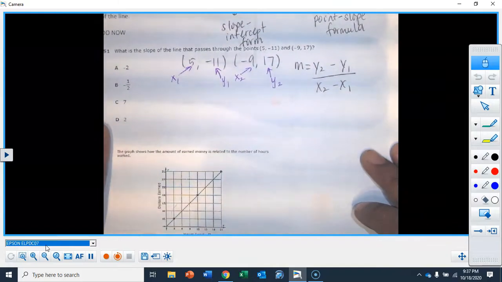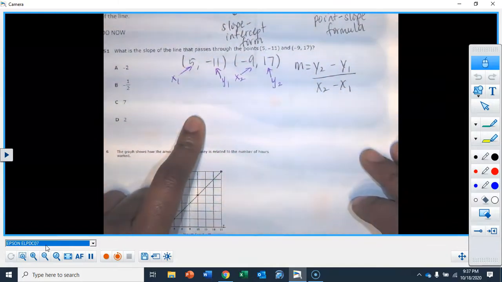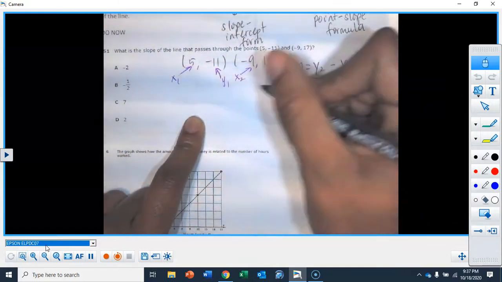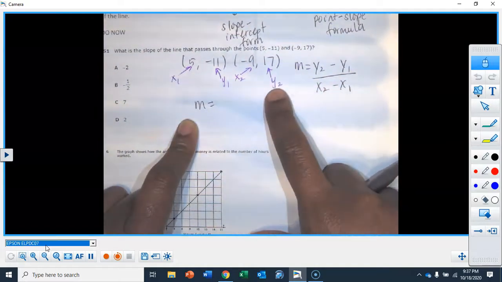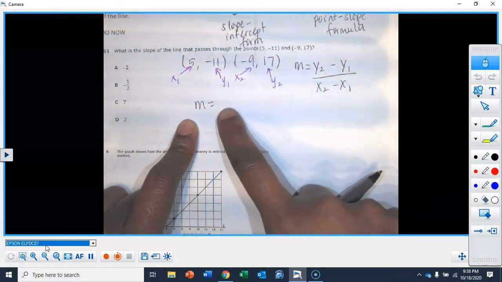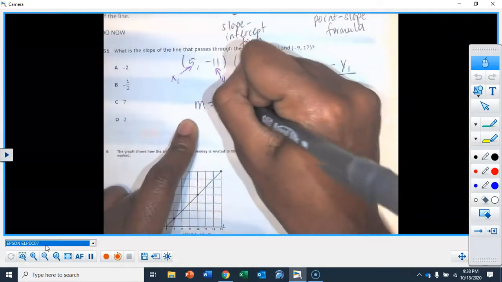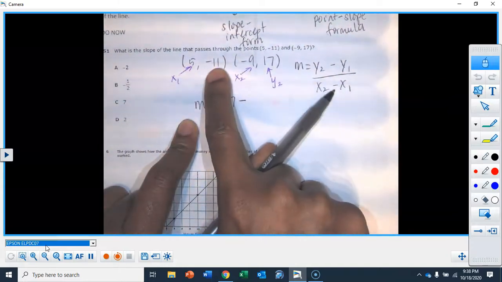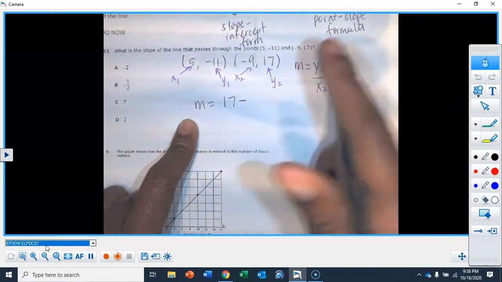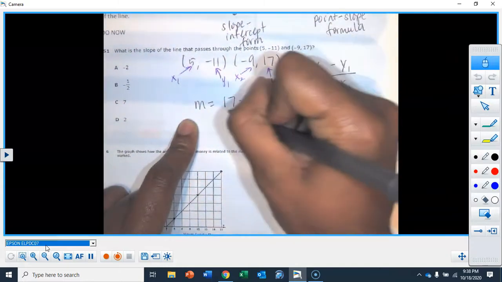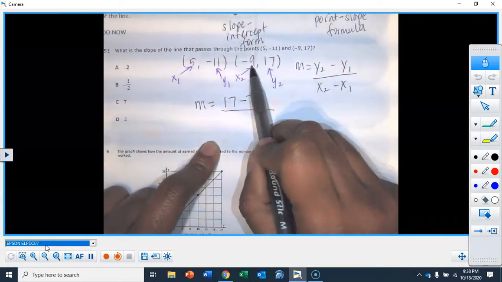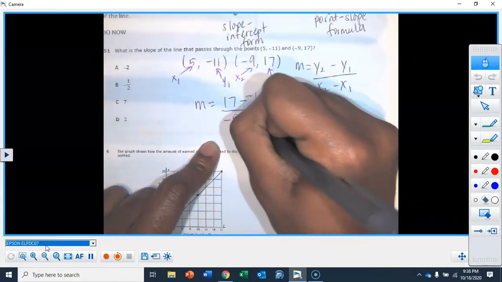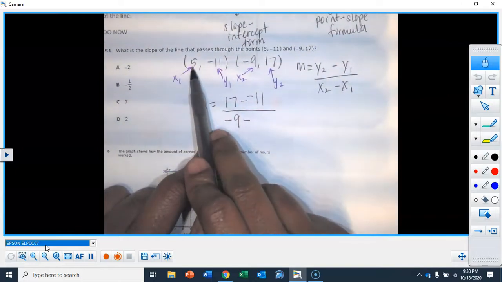Okay, so very carefully, you should not need me to list it, but very carefully I'm going to just point, okay? So y2 is 17, so I'm going to put that right here, minus y1 is negative 11, so minus, and then put minus 11, divided by x2 is negative 9, put your subtraction symbol, and your x1 is 5.